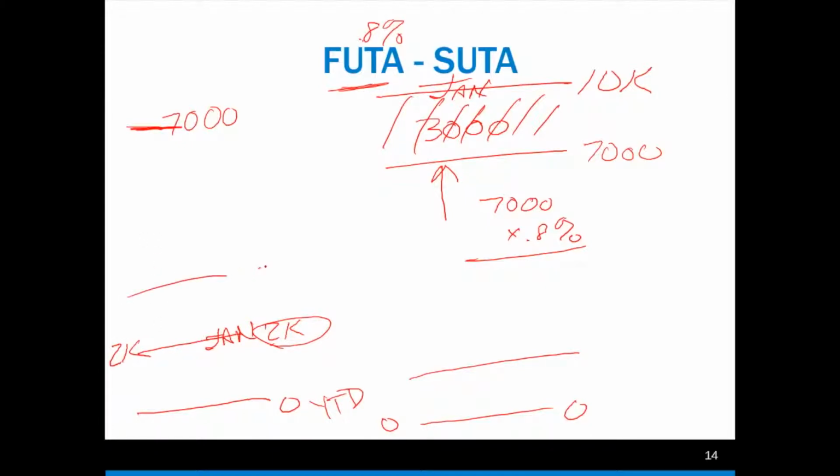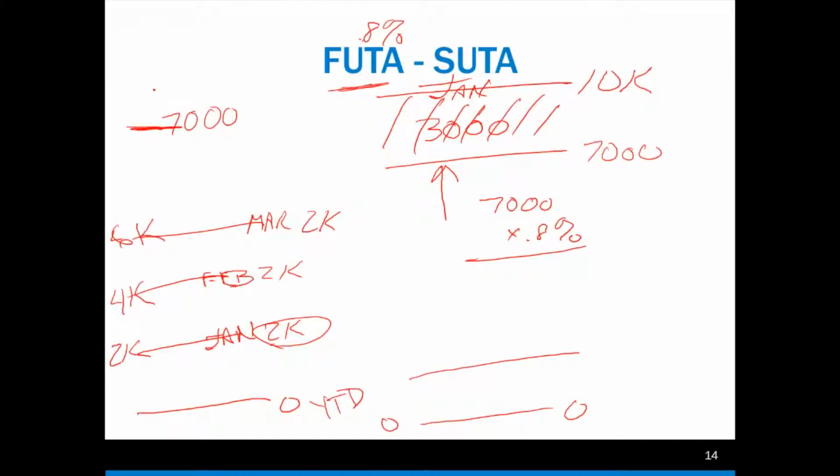February, $2,000 more. That's still all below the $7,000, so the year to date is $4,000. March gets paid $2,000, salaried employee. All of that's still below the $7,000, so our year-to-date now is $6,000.